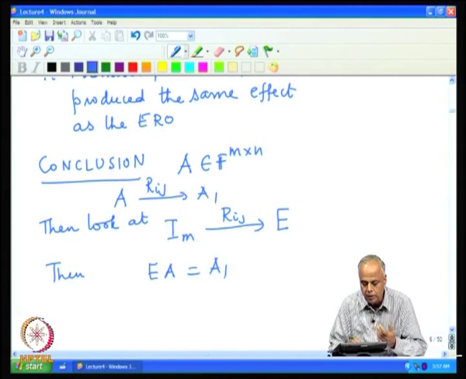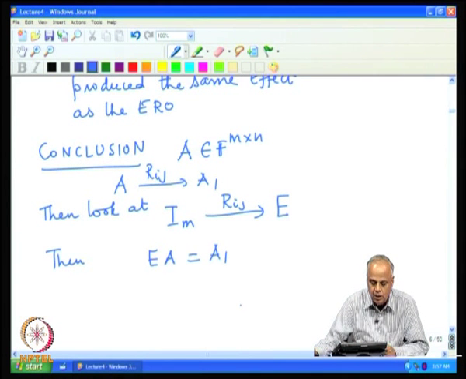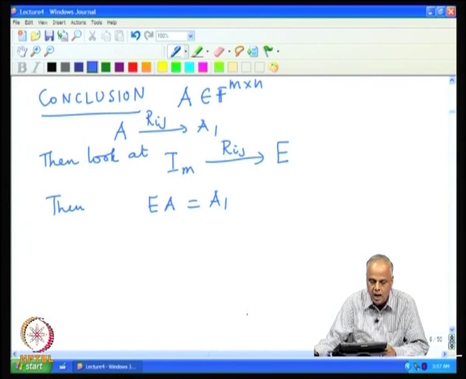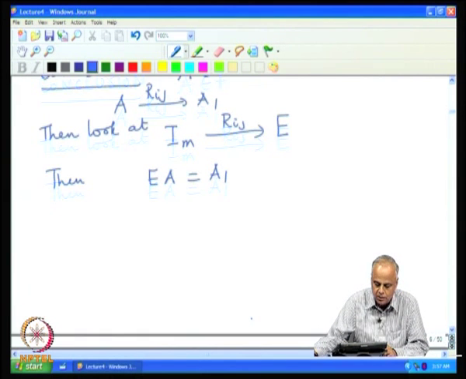So, pre-multiplication of this type of matrix effects the same change as applying the elementary row operation. So, this is the first type of elementary row operation that we consider.